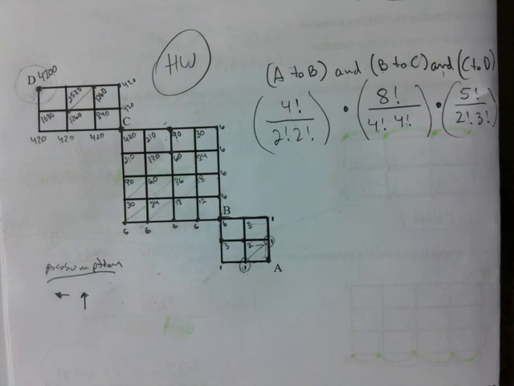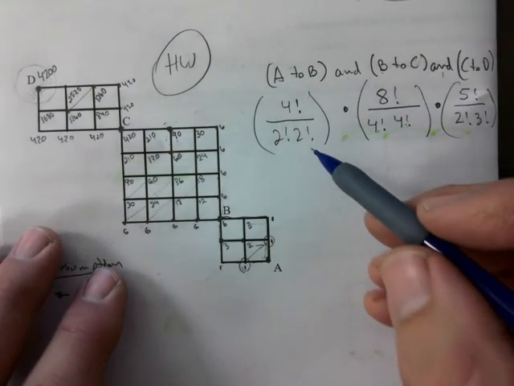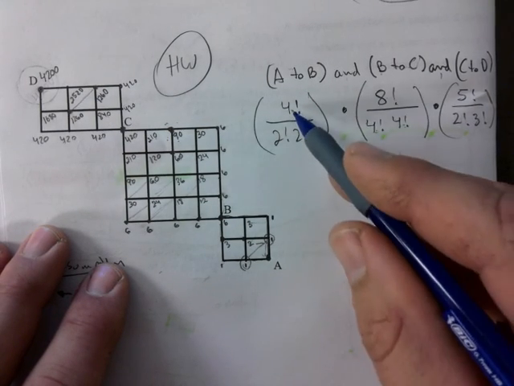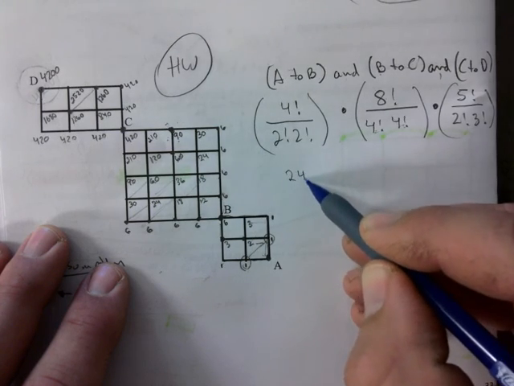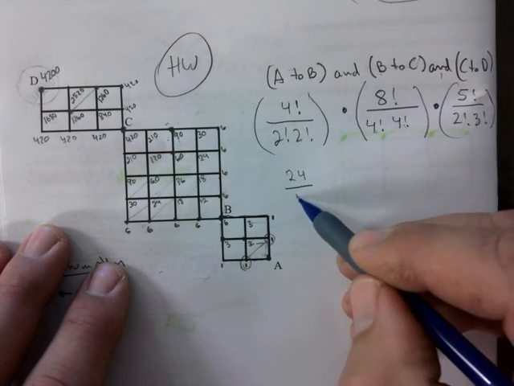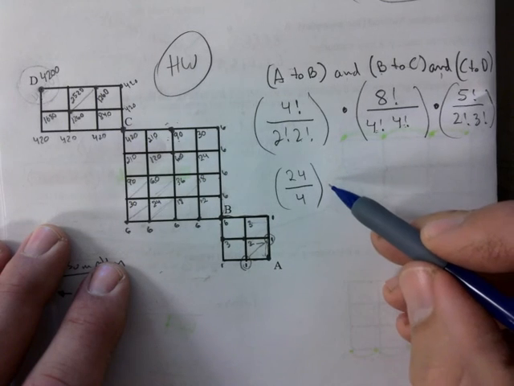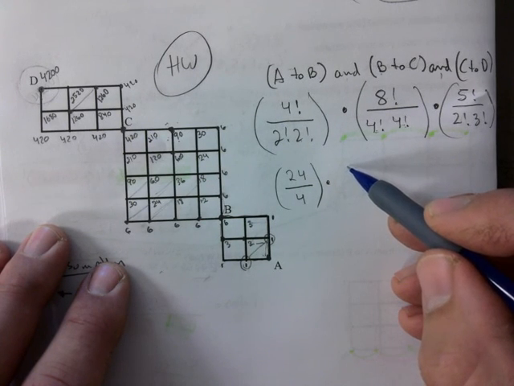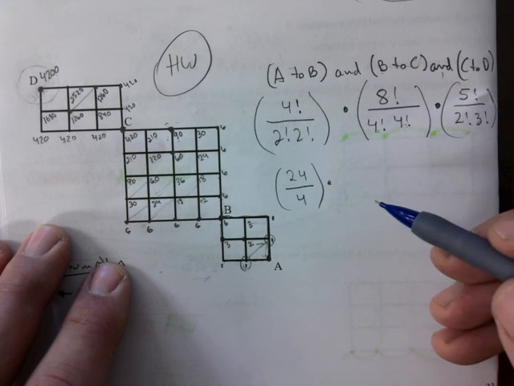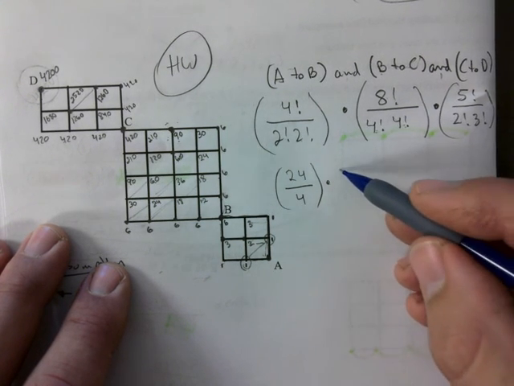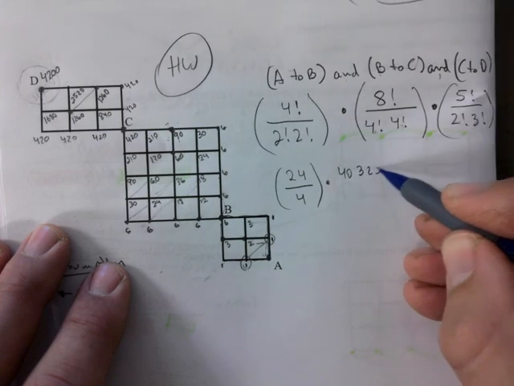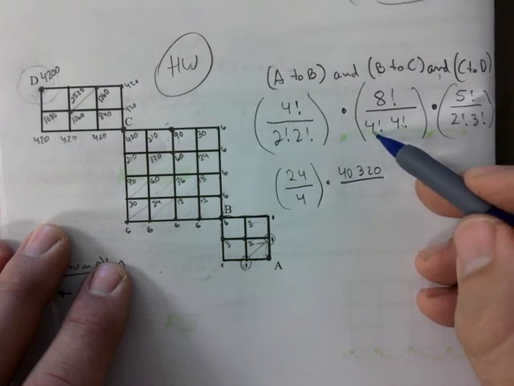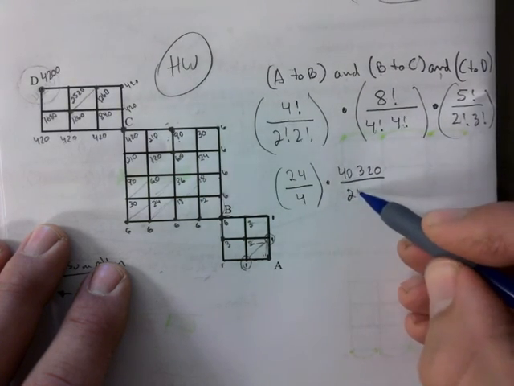So that's how you use the formula, right? Let's clean this up a bit. 4 factorial is 24. 2 times 2 is 4. 8 factorial is 40,320 over 24 times 24, right?